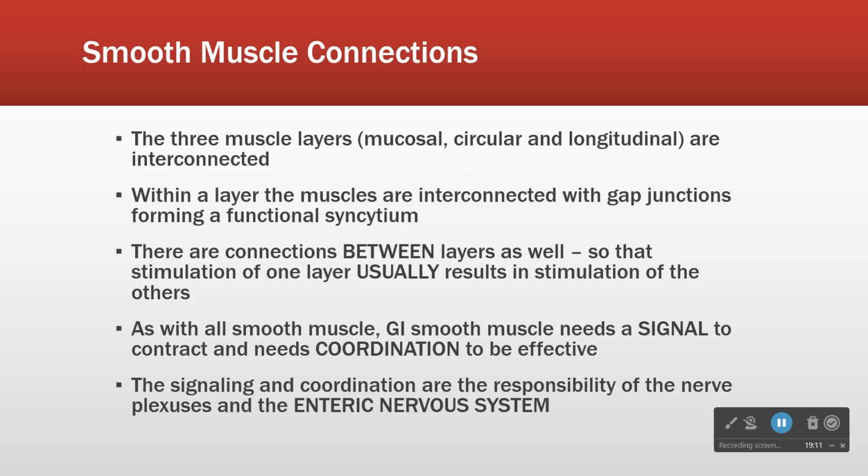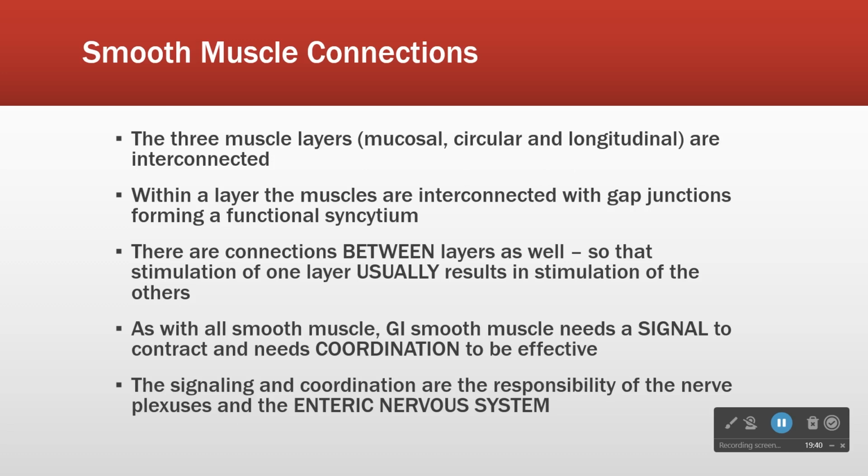The enteric nervous system is the collection of all the nerves, plexuses, ganglia, all of those things together form a brain for the GI tract that is included in that system.